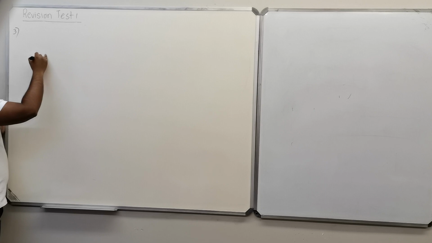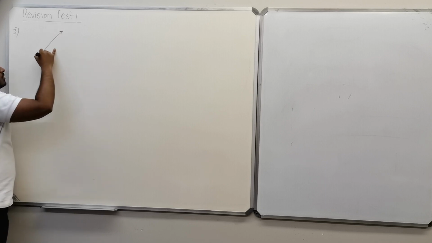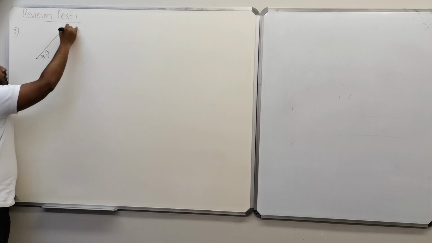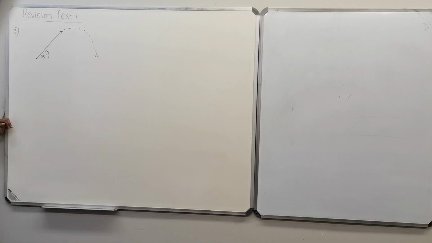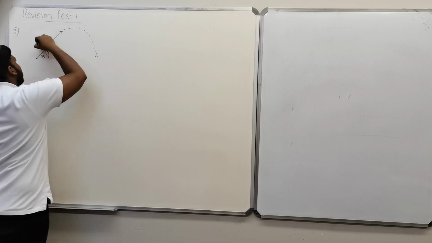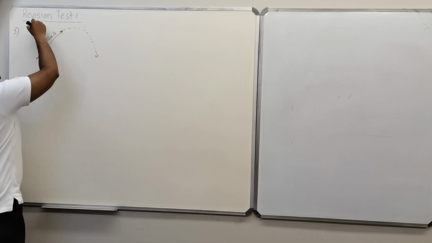Okay, let's look at this question here, right? They tell you a bullet is fired at an angle of 33 degrees to the horizontal. So this is a bullet. It's fired at 33 degrees to the horizontal. We know that bullet will probably go there. The velocity is 410 meters per second.